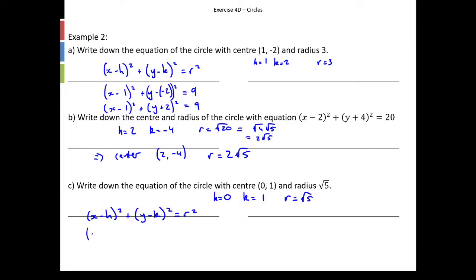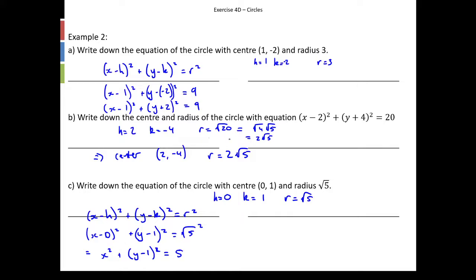Substitute in your values: (x minus 0) all squared plus (y minus 1) all squared equals root 5 squared. Simplify this: x squared plus (y minus 1) all squared equals 5.